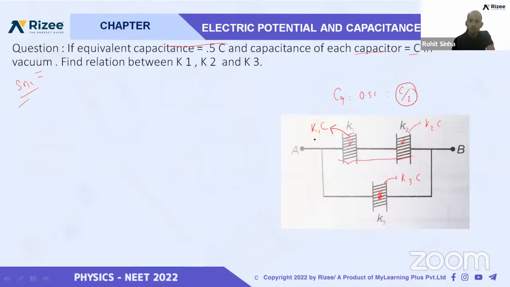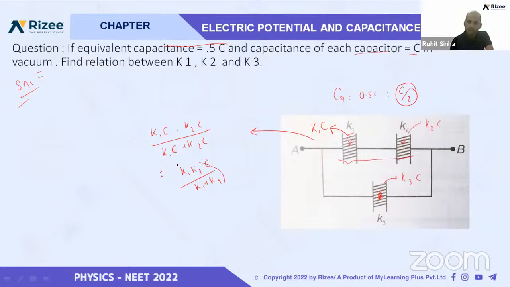The upper part's equivalent will be the multiplication over the addition: K1C into K2C by K1C plus K2C. We can cancel here and we will get K1 K2 C by K1 plus K2, like this.